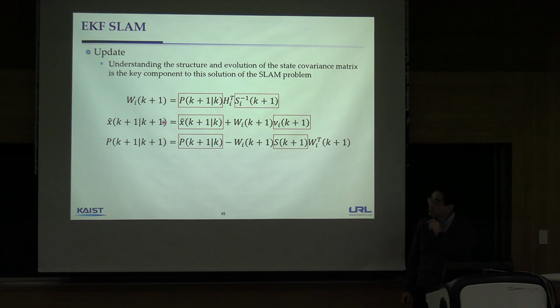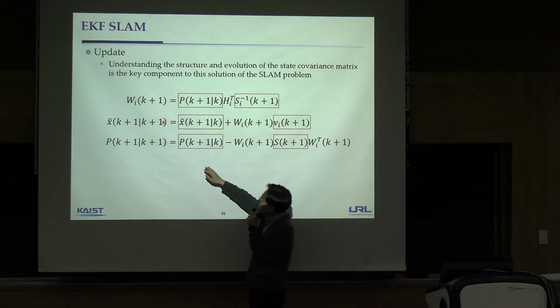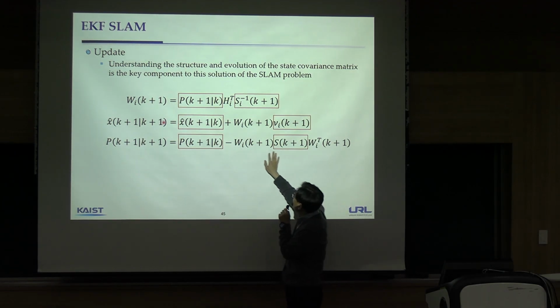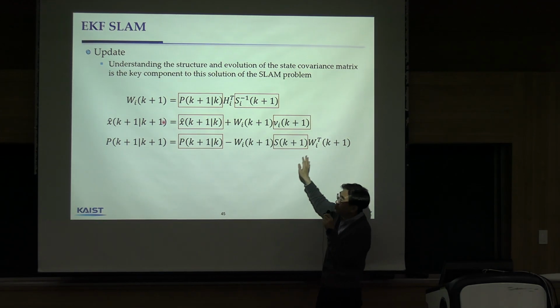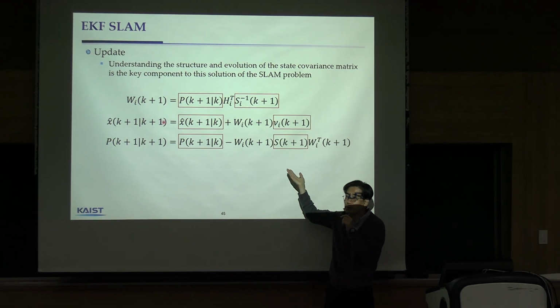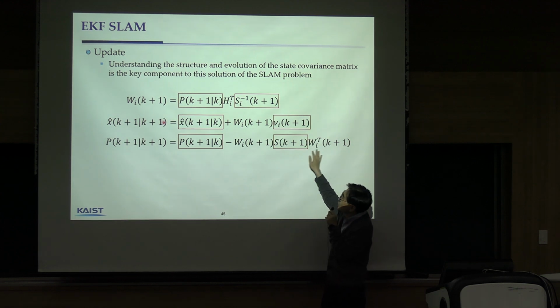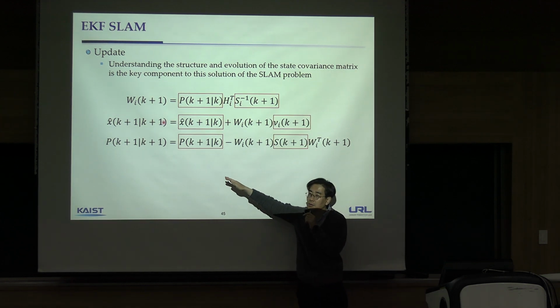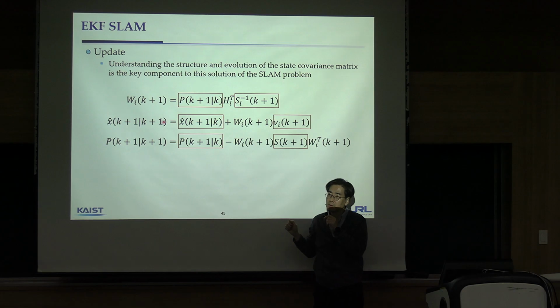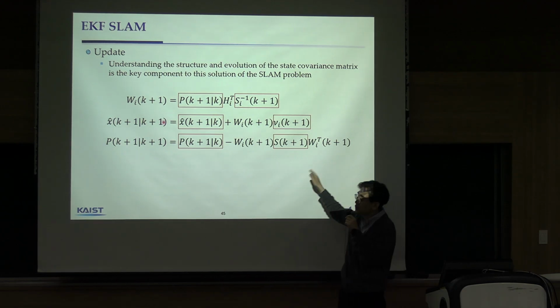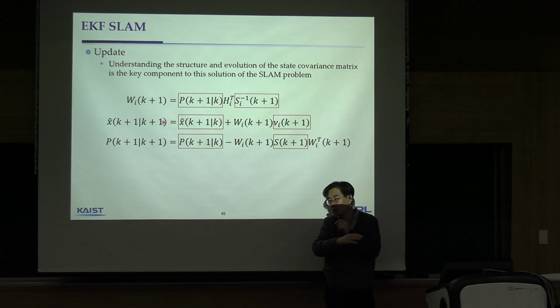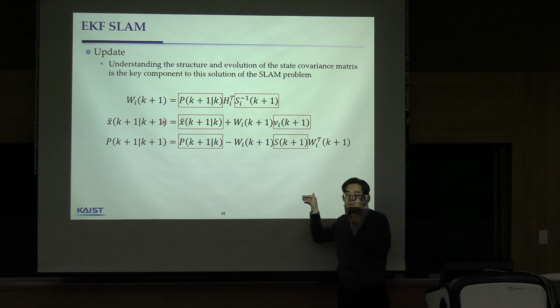What about the P in update step? So P will be having something like this, W transpose. It is something like the square term, so it will be decreasing the covariance. So in the prediction step, the covariance will be increased. In the update step, the covariance will be decreased. So increasing, decreasing, increasing, decreasing. It will be converging finally.